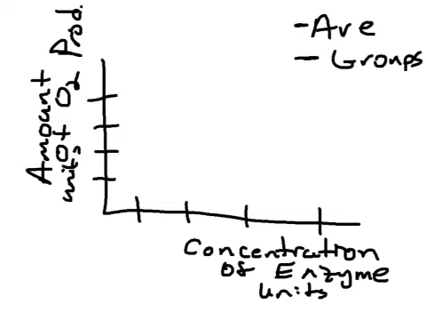Now, if you graph the data, of course there's also 0, so I should add 0, 1, 2, 3, or 4. Actually, I should put the 0 at the bottom, right? So here's 0, here's 1, here's 2, here's 3, here's 4.